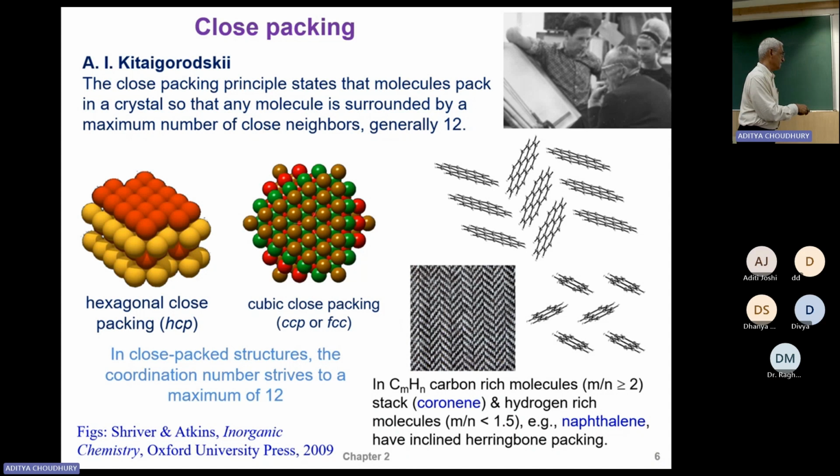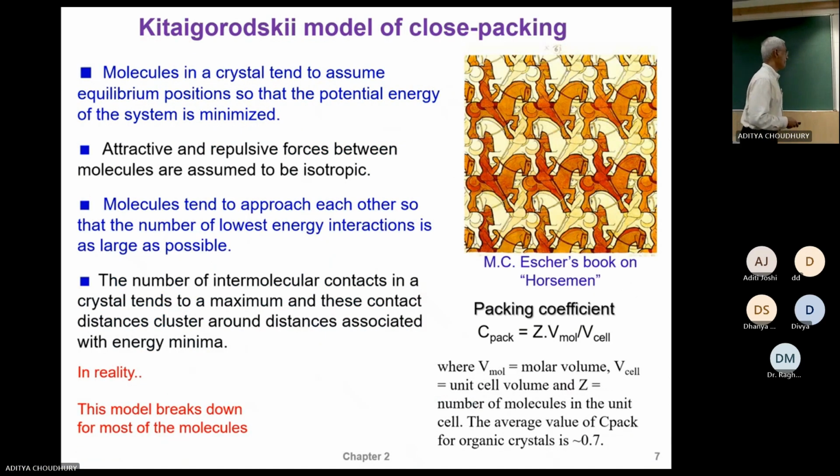The packing is herringbone kind of packing. So when you calculate the number of molecules around each one, it is not 12, maybe 8 or something. So the Kitaigorodskii model for close packing fails because of this.